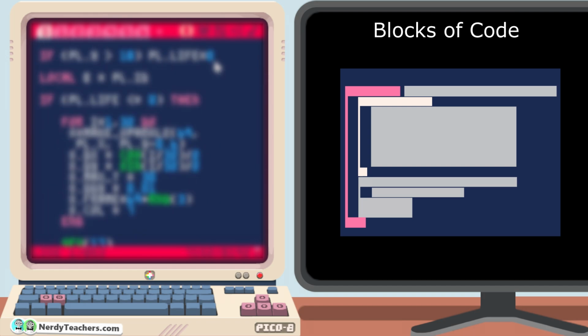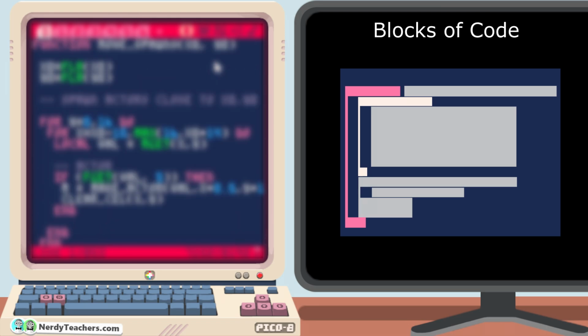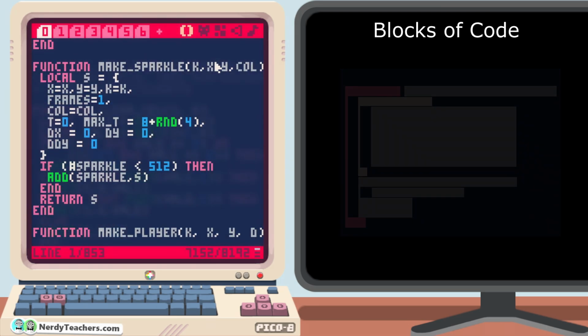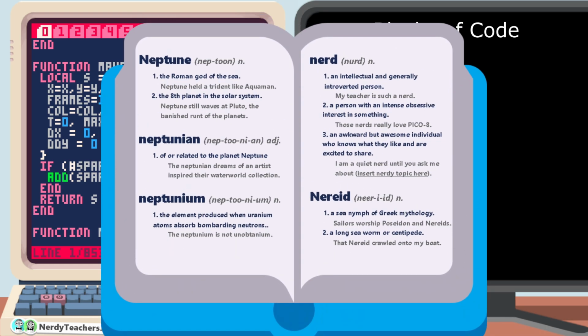Well-formatted code is organized neatly into blocks like this, just to make it easier to read and find things. Think of it like a dictionary. A good dictionary is written in a way that helps you find the word you are looking for quickly and easily. It does this with formatting. The main words are usually bigger and bolder and far to the left, while the details about those words are smaller and indented to the right.